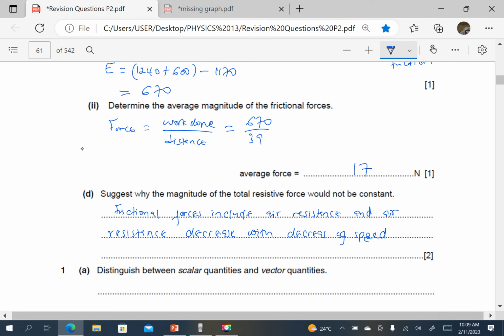So it means the total resistive force cannot be constant.